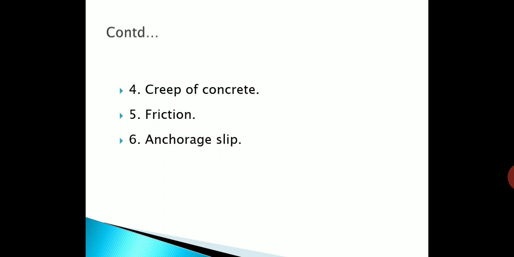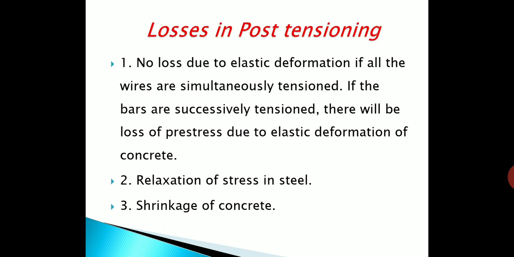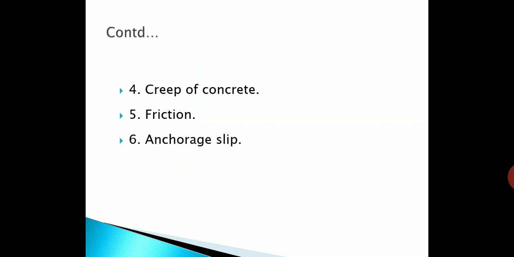These 4 are nearly the same in both. The fifth one here for post tensioning is friction, and the next one is anchorage slip. So when we come to post tensioning, we get 6 types of losses, whereas in pre-tensioning we have only 4 types of losses.